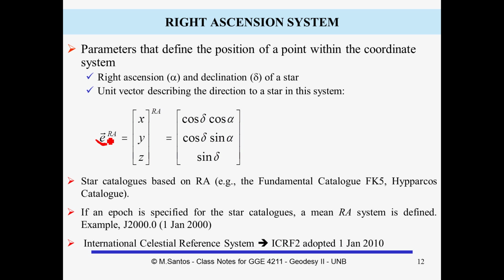We can basically, by simple trigonometry, relate the alpha and delta, right ascension and declination, by means of simple trigonometric relations with the x, y, and z.